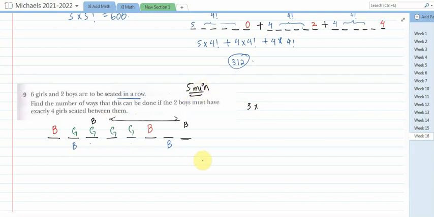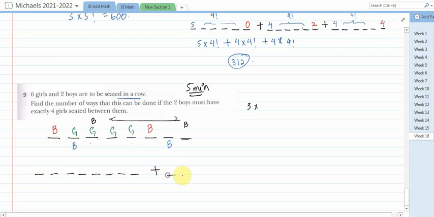Alright, so I hope that you have done it, and I will explain it in detail. So let's suppose I am going to make 3 cases here because we have 3 possibilities. 1, 2, 3, 4, 5, 6, 7, 8 plus 1, 2, 3, 4, 5, 6, 7, 8 plus 1, 2, 3, 4, 5, 6, 7, 8. For the first case, I am saying that this is my first boy and this is my second boy.